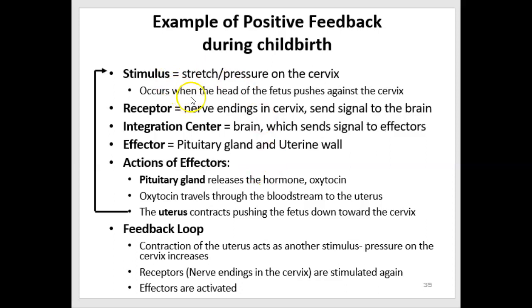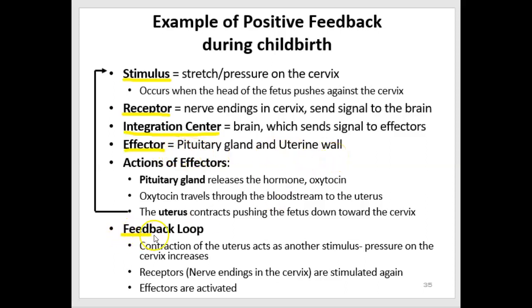So I've written all of those steps on this slide so that you understand the different components. There's a stimulus, there's a receptor, and there's an integration center. Then there's an effector, the pituitary gland first, and then the uterine wall.